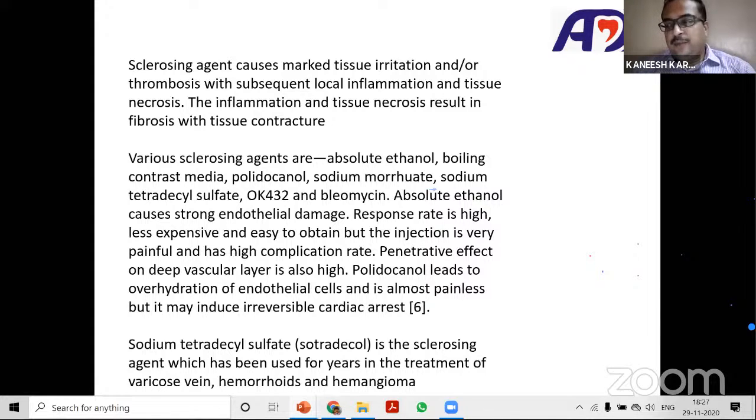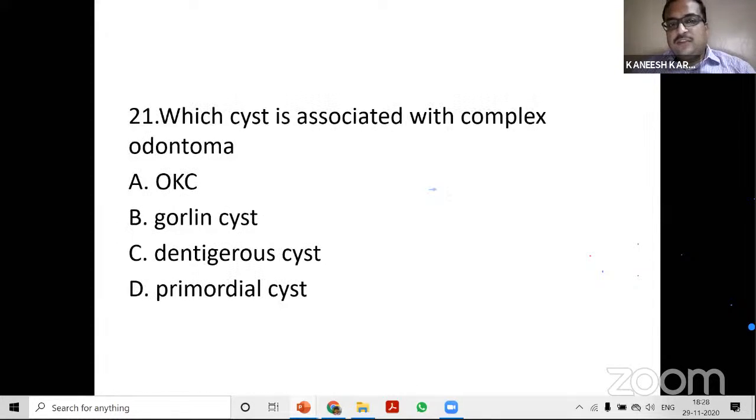If it is an AVM, arteriovenous malformation, or a hemangioma, you inject a sclerosing agent, that is sodium tetradecyl sulfate, into the feeding vessel so that it scleroses the feeding vessel artery, and then we can operate later, that is within 72 hours.